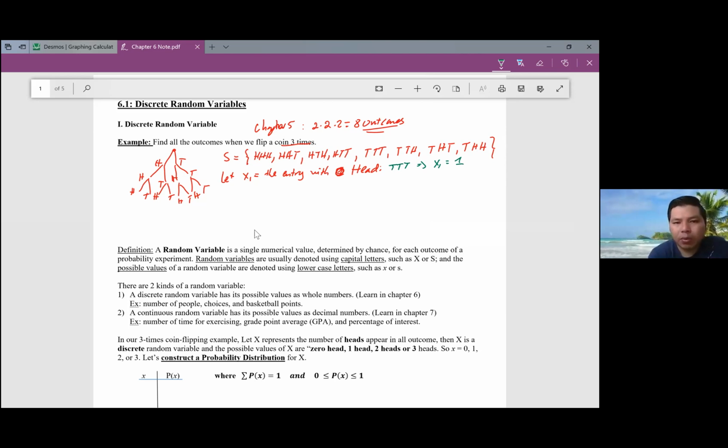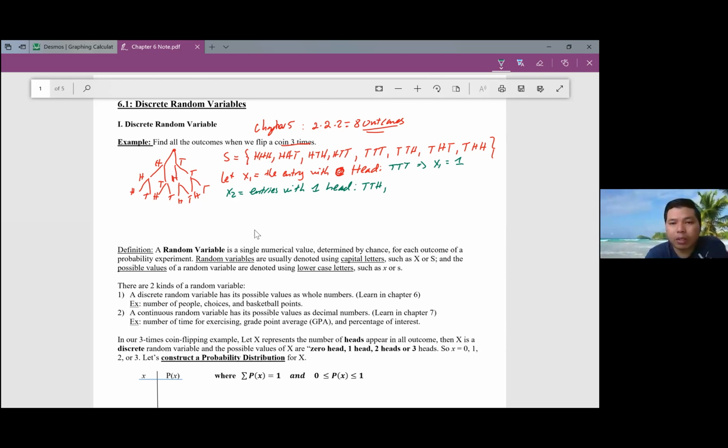If I let x2 be the number of entries with one head, now I only look at all the entries with one head. How many are there with only one head? List them out, and then we can count. I see tail, tail, head. You flip the coin 3 times, but you only see one head. Does that make sense?